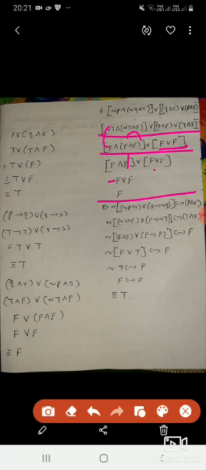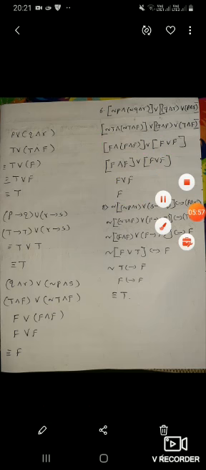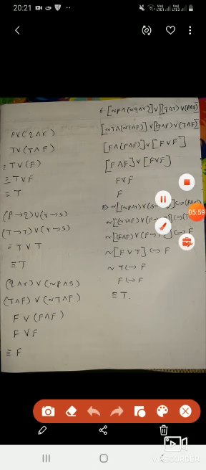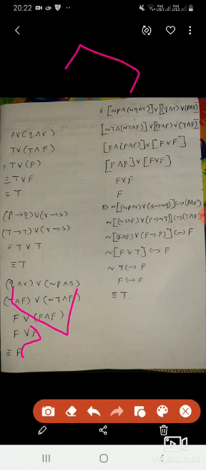Now see the last one. In this one the negation is outside; let it wait outside. Take the bracket value. Negation of P is negation of true. R is false, S is false, everything you have written. Negation of true is false. So inside the bracket, I am doing false and false is false.